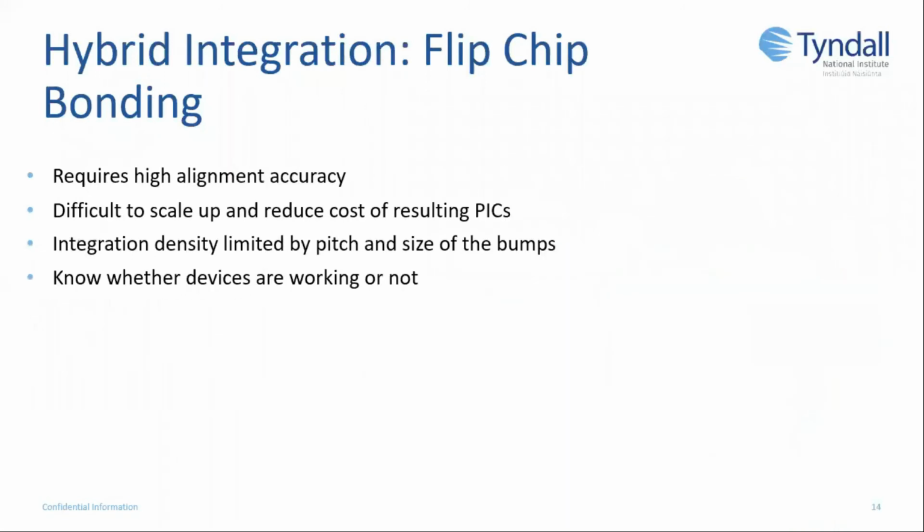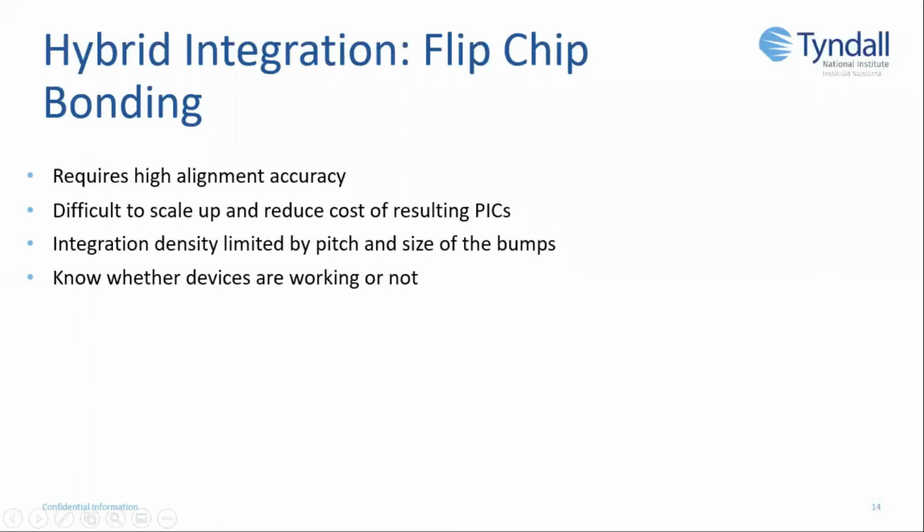So there are advantages and disadvantages to flip chip bonding. Just like with micro transfer printing, flip chip bonding requires a high alignment accuracy. If you misalign in any way, this could affect the performance of your overall PIC. So just like microtransfer printing, you generally require alignment marks to make sure that the chip is correctly aligned with your silicon chip.